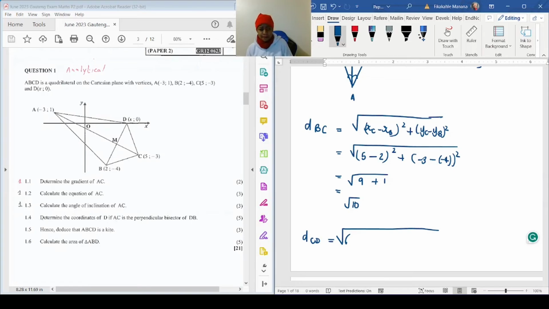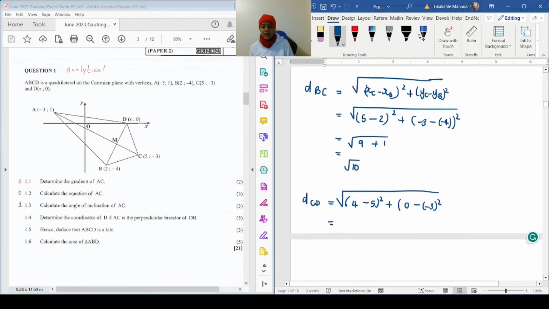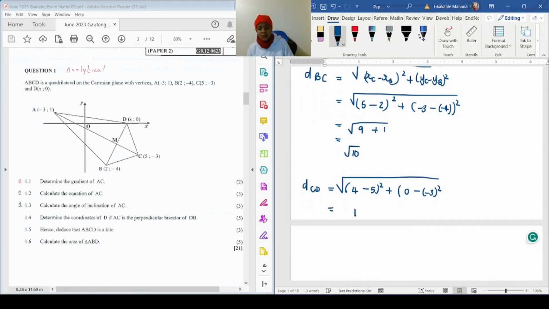For D, we have 4 minus 5 squared plus the y-coordinate 0 minus -3. So 4 minus 5 is -1. -1 squared is just 1. And 3 squared, that will be 9. So we can see that it's also root 10.